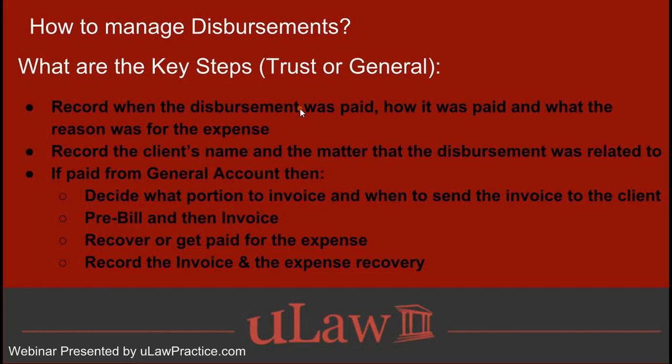So these are some of the reasons why that expense was incurred to begin with. Recording the client's name, and even better, ensuring that you also capture the matter to which that disbursement is related. And I know as cliche and as obvious as it sounds, we've heard of a lot of clients that we've worked with, before they moved to using uLaw, who use manual paperwork.